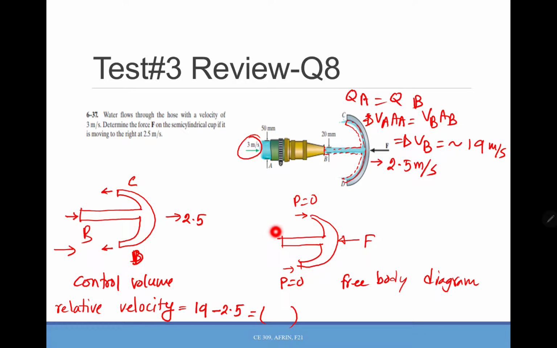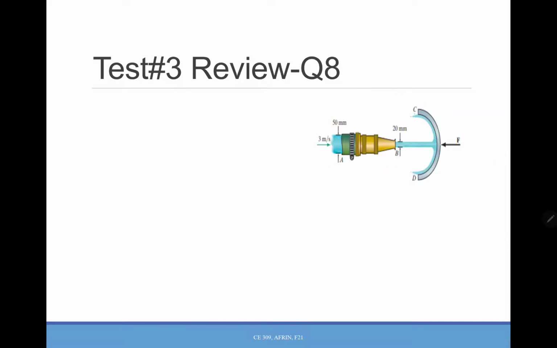Now we need to determine the force F on the semi-cylindrical cup. So F is in x direction. So you need to work with x direction. Okay, so that's what we will do. I will move to the next slide and I will draw that again.